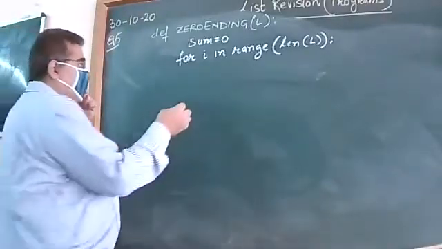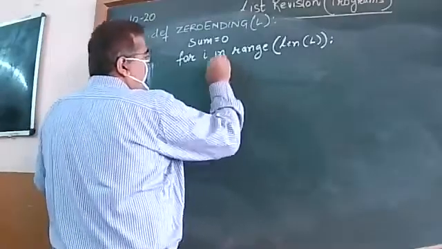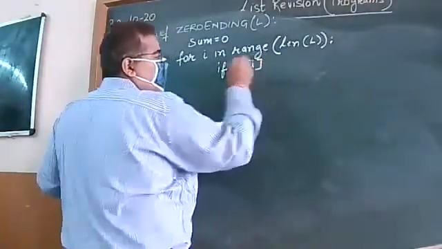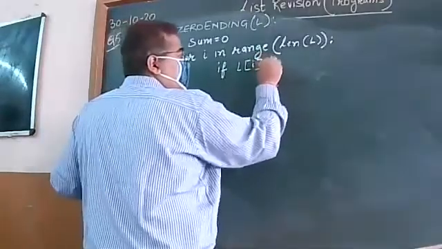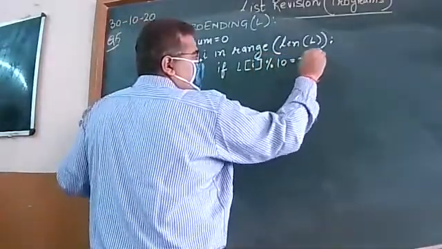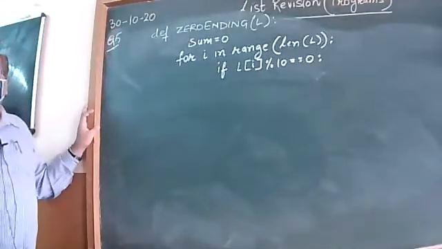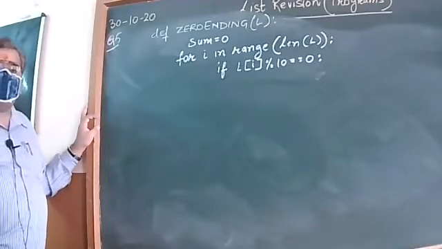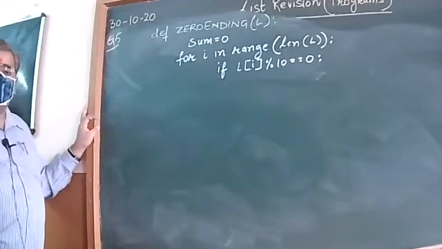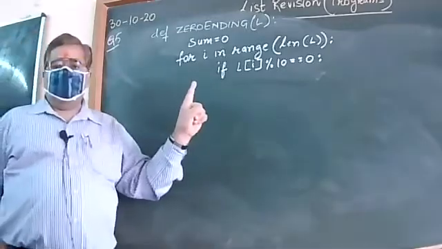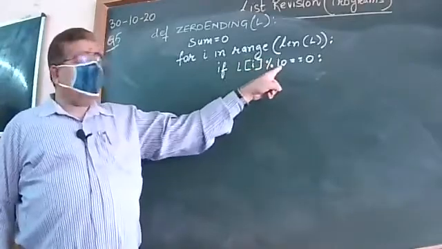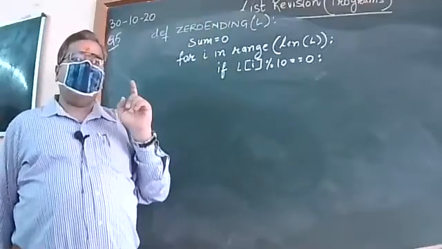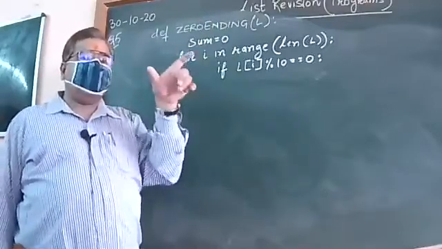Right? So here, what I will do, I will modulus my each element of list with 10. Remember the program of palindrome, reverse of digit. Whenever you modulus the element with 10, it always give last digit as remainder.